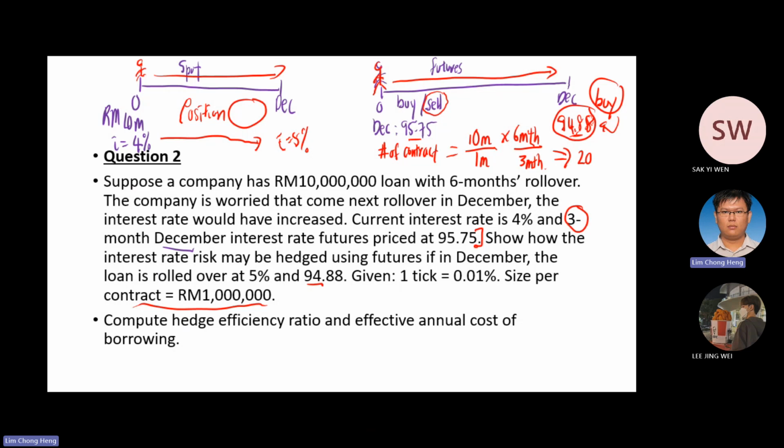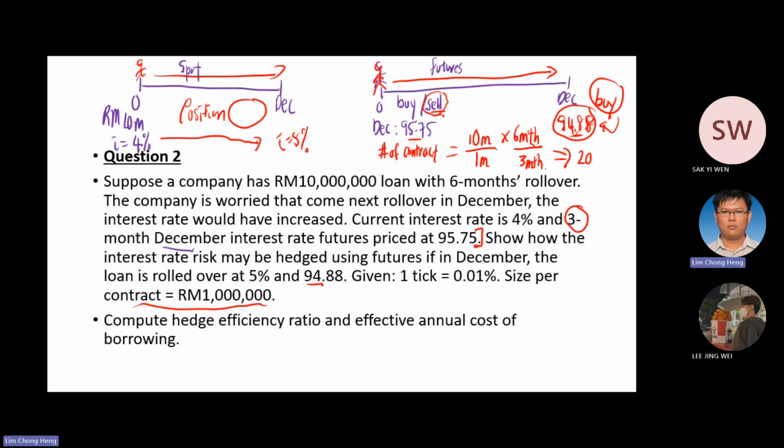They will not hold until maturity. They will choose cash settlement. They will not choose delivery, because if you choose delivery, the transaction cost is very expensive. So normally a rational businessman will choose the lower cost, so they will close out their position.